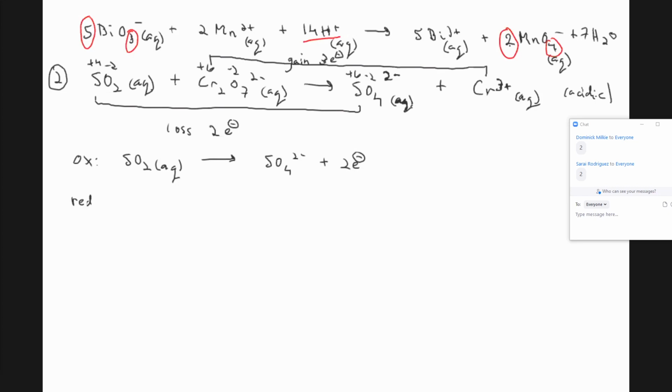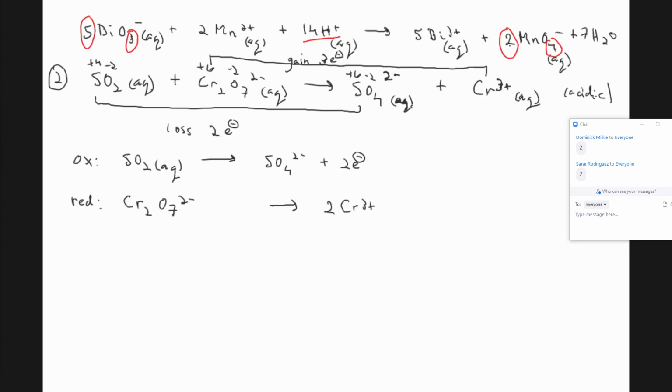For the reduction half reaction, you have dichromate becoming chromium 3 plus ions. Let's balance out those atoms first. There's 2 chromiums, there should be 2 chromiums.